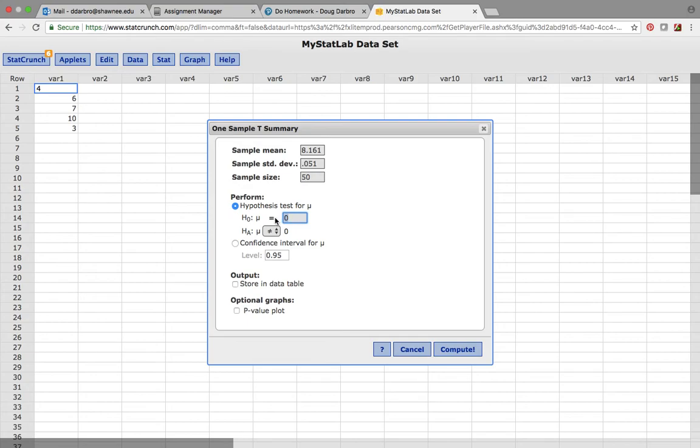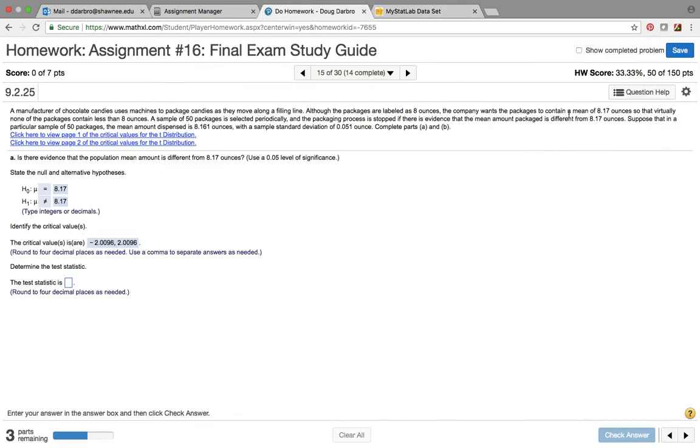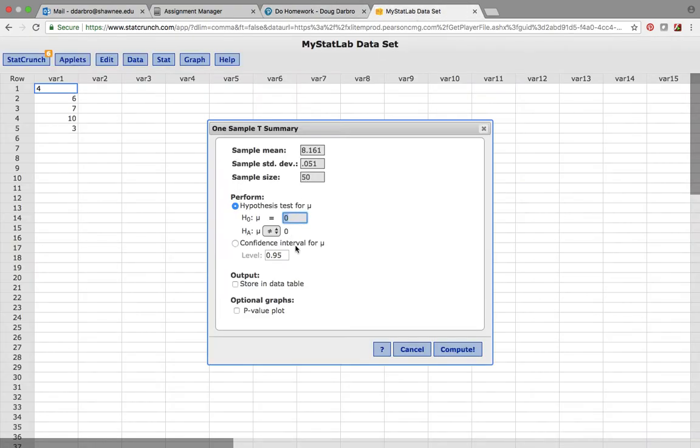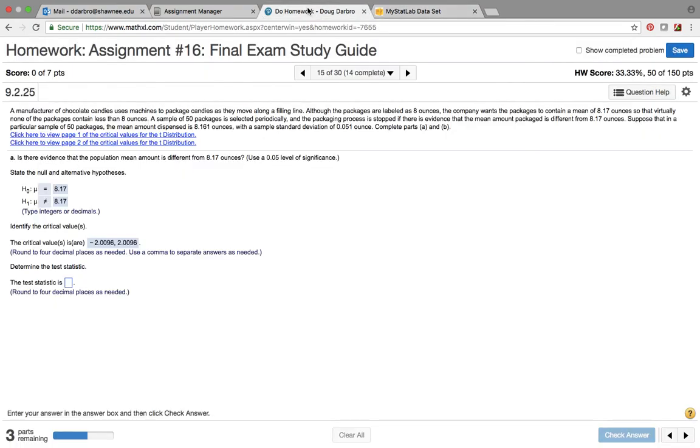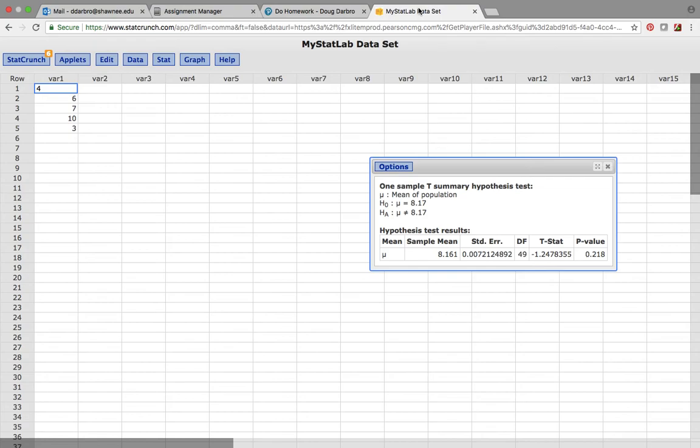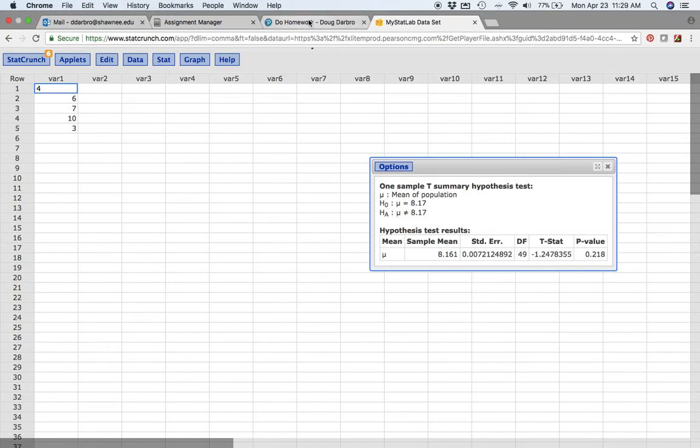And I want the mean equal to, gang, I forgot, what was it? 8.17? And not equal to 8.17. So my test statistic is negative 1.25. Well, it wants us to go to 4 places. That's pretty annoying, isn't it? So negative 1.2478.